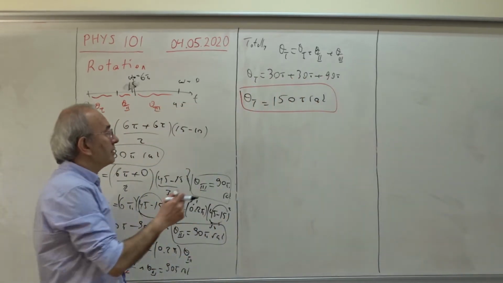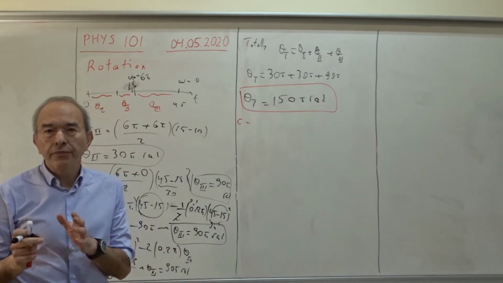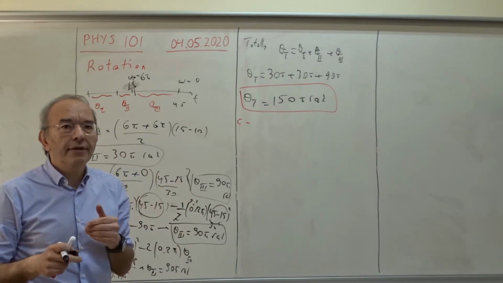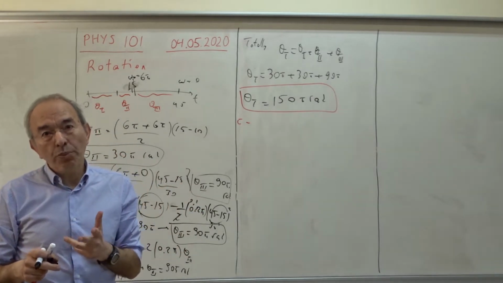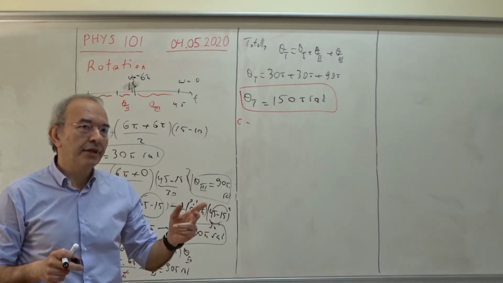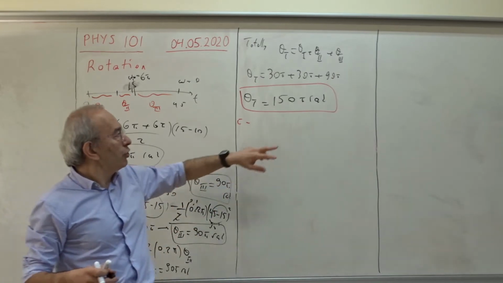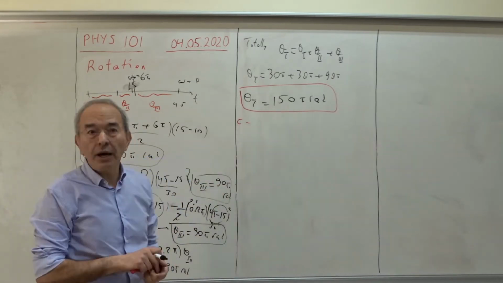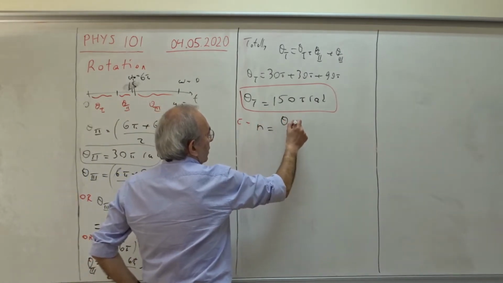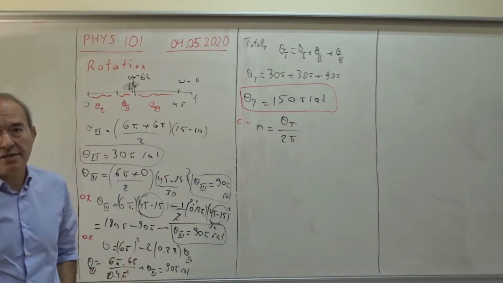And in part C it says find the total number of turns. In order to convert the angle swept to number of turns, of course we have said that we have to divide by 2 pi because one full turn corresponds to 2 pi radians. If 2 pi corresponds to 1 turn, how many turns correspond to 150 pi? So that n is equal to angle swept divided by 2 pi in any case.